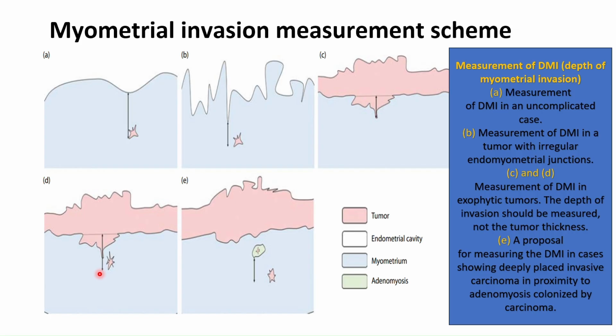So the deepest portion of this tumor foci to the endomyometrial junction is called depth of myometrial invasion. Now in case of adenomyosis, if adenomyosis is showing a tumor itself, then the junction between this adenomyosis and the tumor foci we have to measure, and it is called depth of myometrial invasion. So this is the important criteria for myometrial invasion measurement.